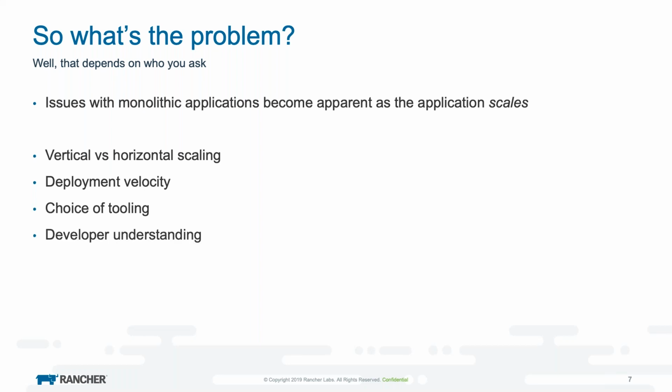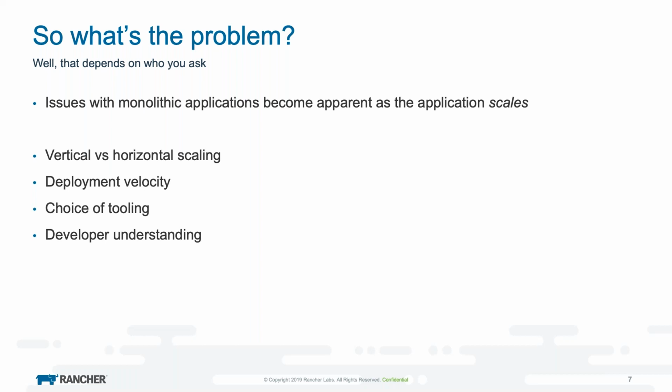And the final point is developer understanding. This can be summarized as: the bigger the application, the more difficult it is to grasp. Grasping the entire application can be necessary, especially as a developer gets up to speed and wants to start making changes, but they don't understand how those changes are going to impact other areas of the application.